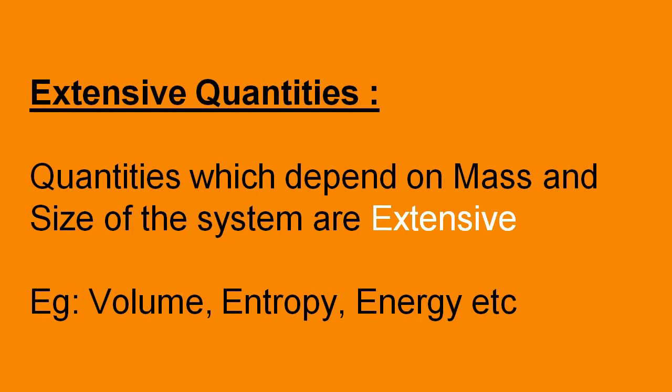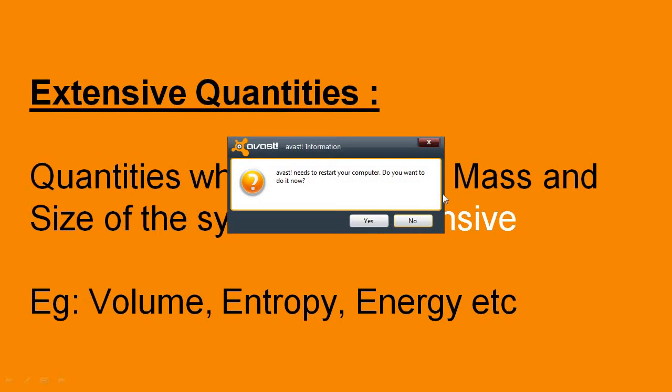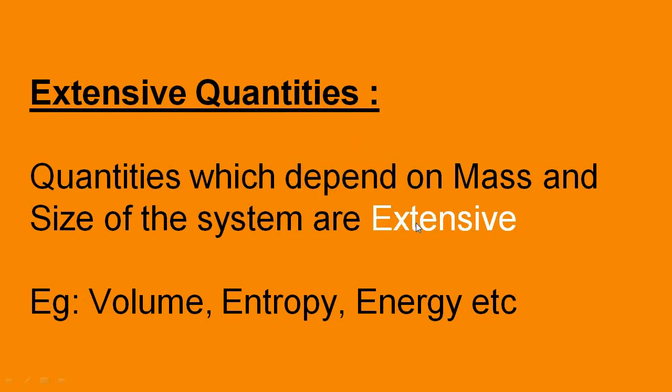Similarly, the energy possessed by the duster before cutting it is not the same as that after cutting it. So these types of quantities which depend on mass and size are known as extensive quantities.